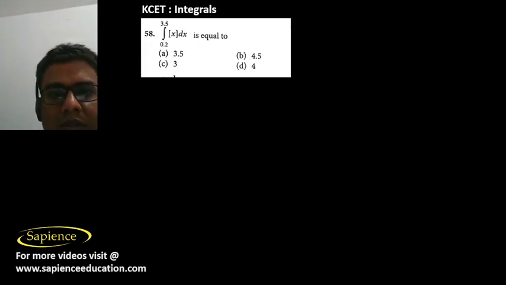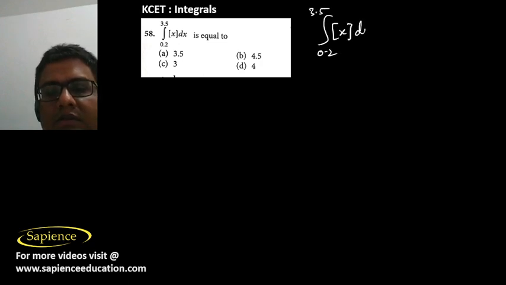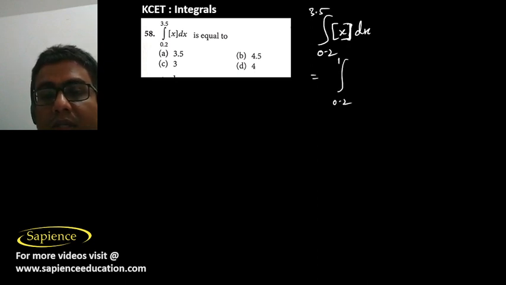Then we have to find the integral from 0.2 to 3.5 of [x] dx, where [x] is the greatest integer function. So only at the integral values of x it will change. From 0.2 to 1, [x] is less than 1, so it will become 0 only.